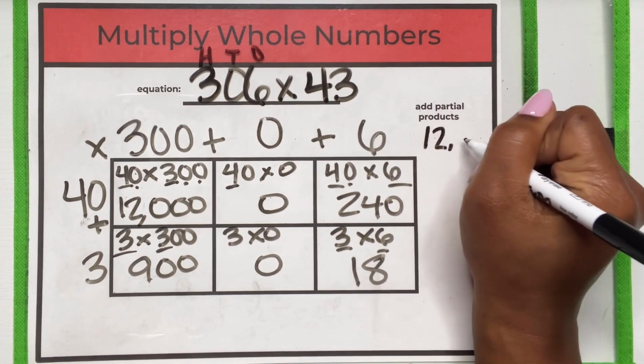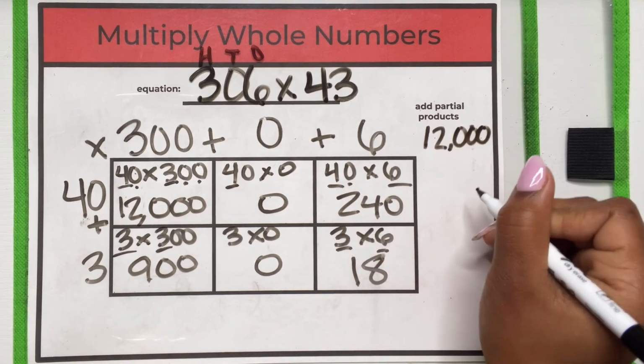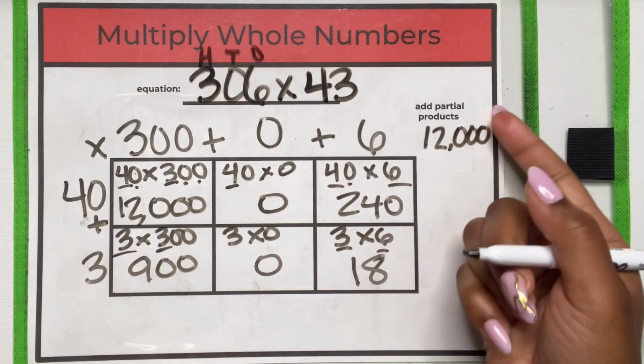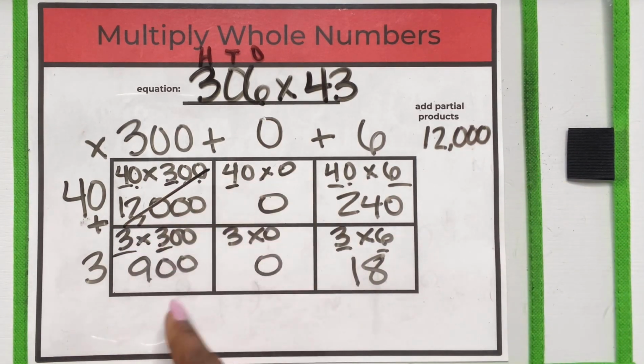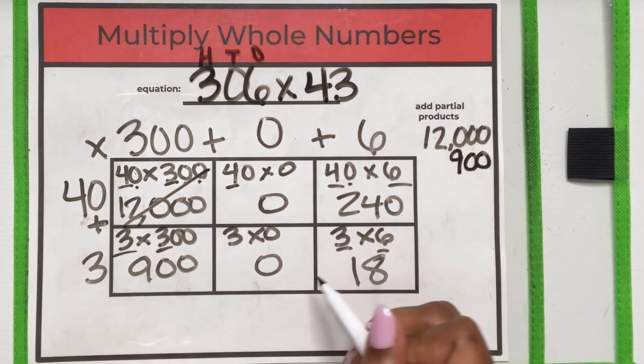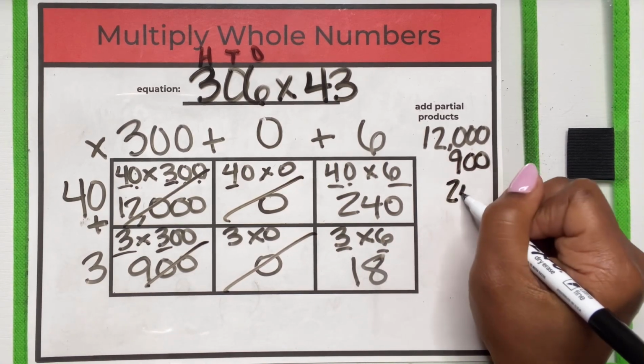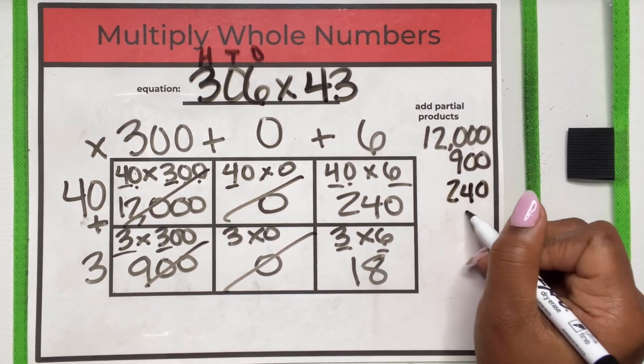Now, let's take each product and add them up. 12,000. 200. I like to do from greatest to least. So let's do 900. These are gone. 240 and 18.